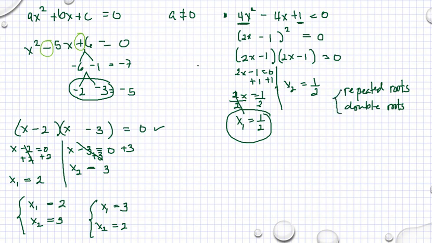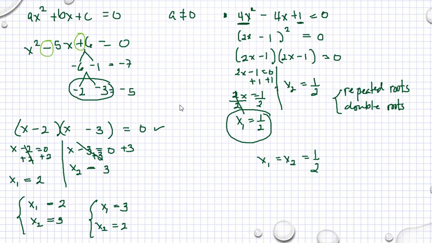You can use repeated roots or double roots. So you have to write this: x sub 1 is equal to x sub 2 is equal to 1/2. Equal roots, I said that. I think I read also something about equal roots. But those two are the ones that I remembered most.